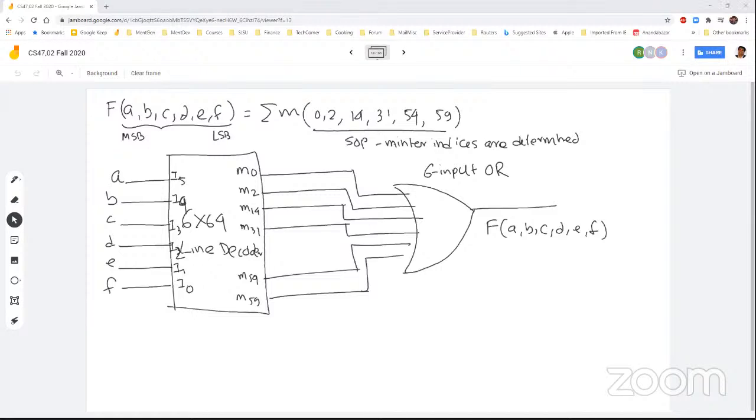You can deploy the decoder technique internally, where each variable is also available in complement form.